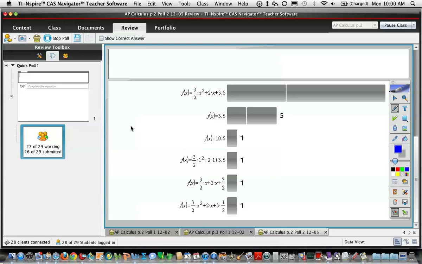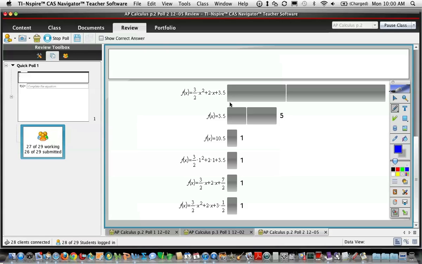Notice the box here. What this means is I think these people had one type of solution. With the old clickers, we can text and put stuff in, but they have to be an exact match. Here, because of the calculator engine that's inside, whatever you typed in, if it was equivalent to this, because it could simplify it and tell, then it puts you in this category.